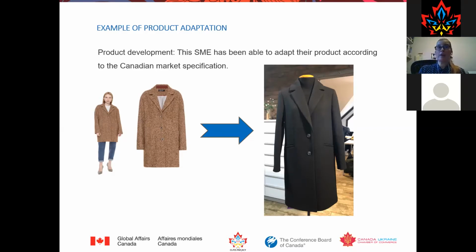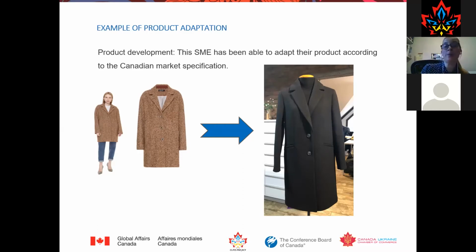Back in Ukraine, I didn't see that. I saw a totally different body shape, size of the woman, height of the woman. So of course, when you come with a coat that is oversized and bigger, it's not going to be suitable for this market.